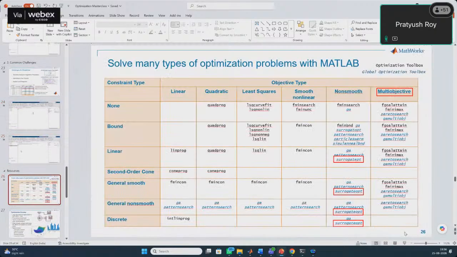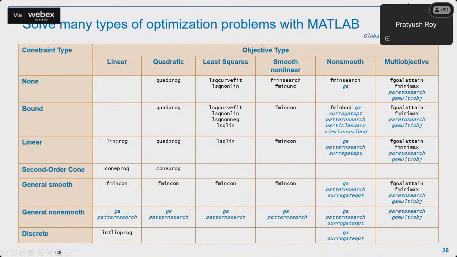In terms of resources, people also get confused on what to use and when to use. So I would say look at the objective function and look at the type of constraints that you are applying. If you have a certain objective function, let's say least squares, and you want to apply a linear constraint, the name itself will suggest it: least squares, linear.